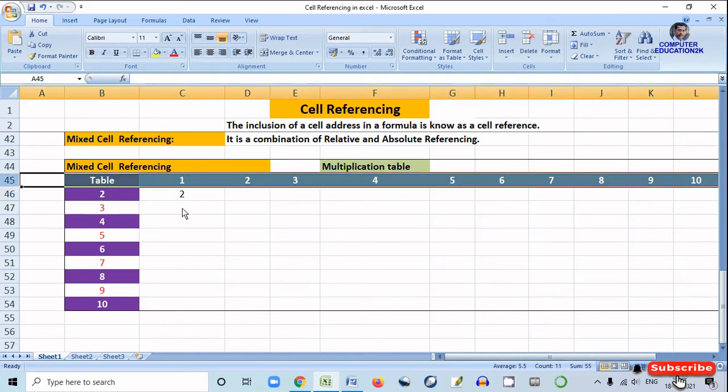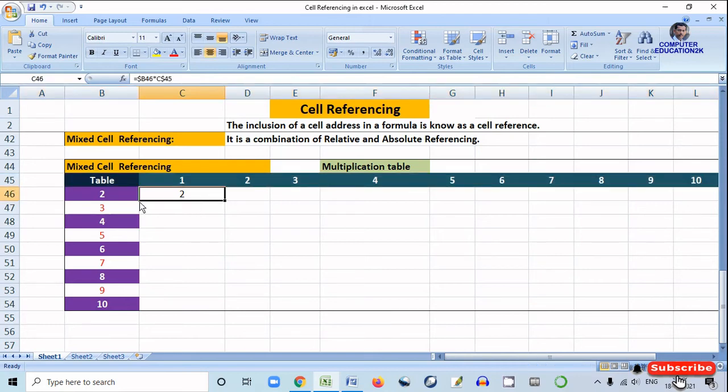So to find the multiplication table you have to do a product over here of 2 into 1, 2 into 3. The formula that we have written over here is $B, because you have to fix the column B first, and then you have to fix the row 45 as $45.